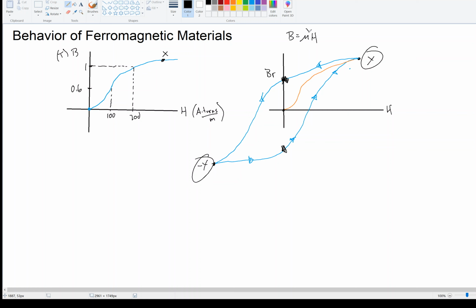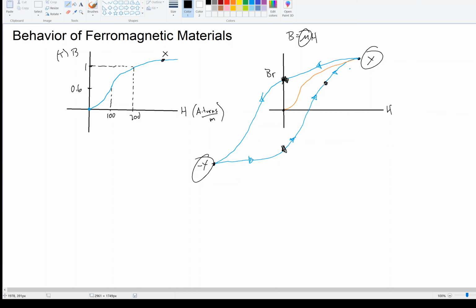In silicon steel, you might ask, well, what is mu then? Well, it's nonlinear, as we said, and the way you interpret mu is you look at which point you're at on the curve. Maybe you're at this point.